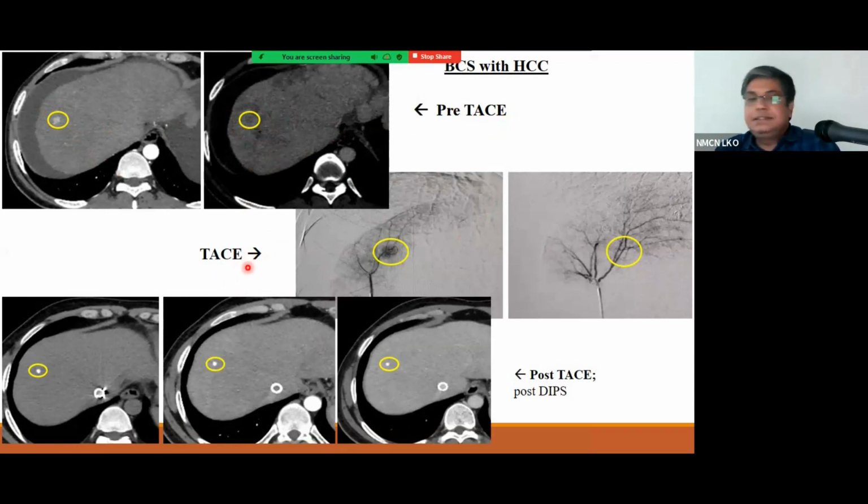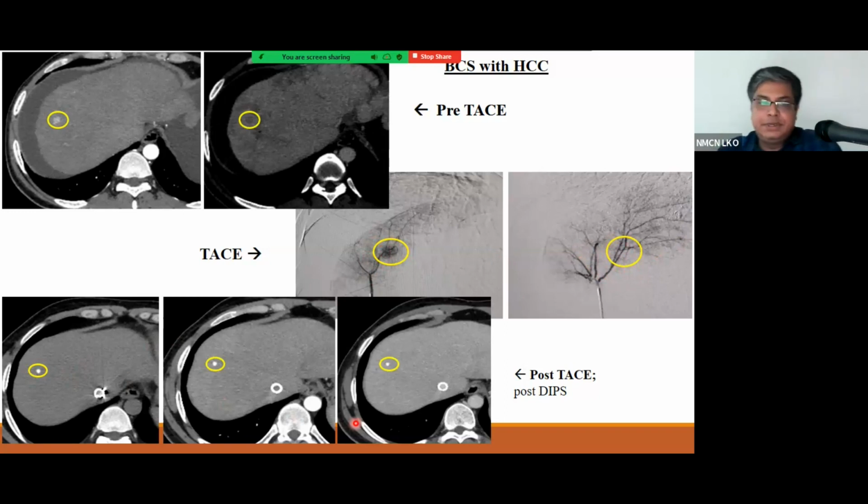So HCC was a consideration and the case was taken up for TACE. Here on this DSA angiography image, we can see a tumoral blush in the right lobe of the liver supplied by a small RHA branch. And this is the post-embolization image, which shows disappearance of the tumor blush.